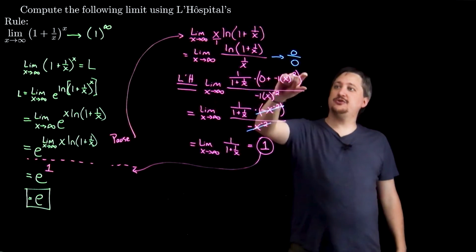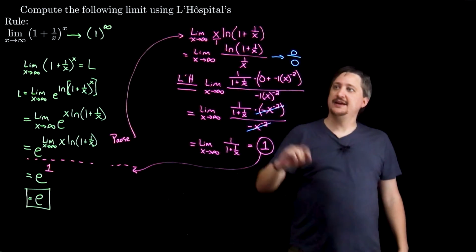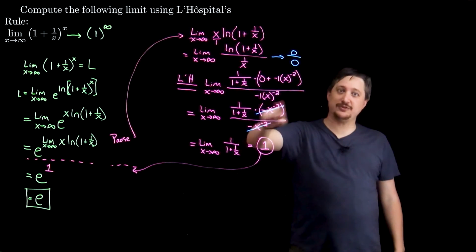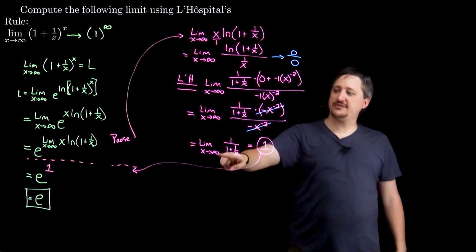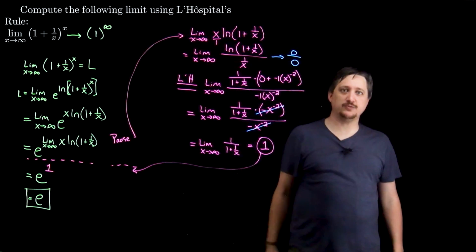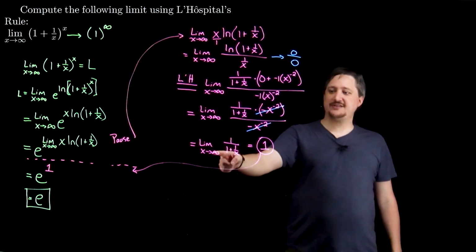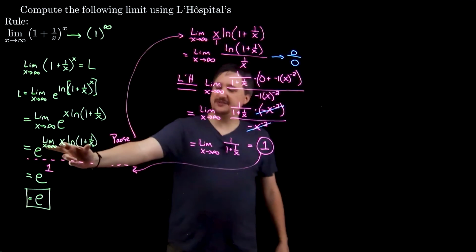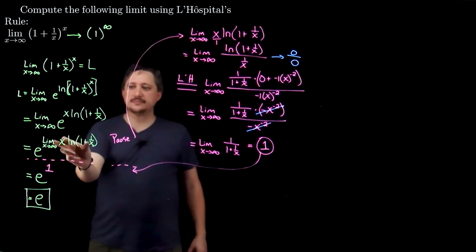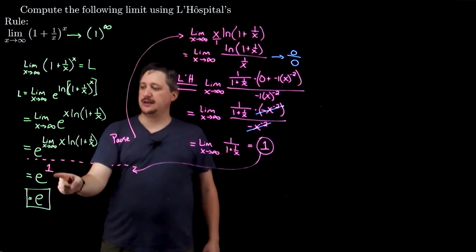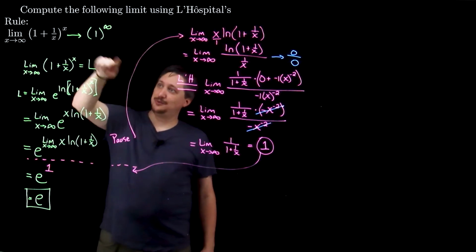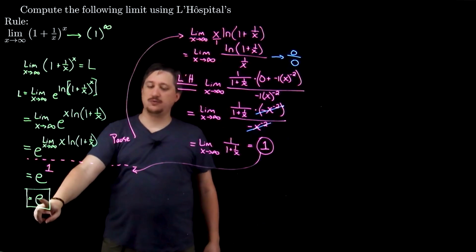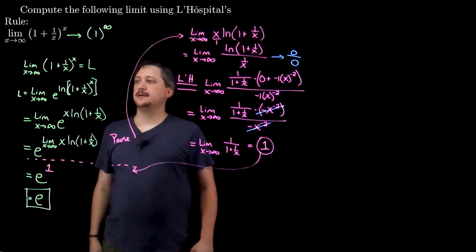So I did that, took the derivative of the top and the bottom separately, and it turns out that the chain rule canceled the bottom nicely, and I ended up with just this 1 over 1 plus 1 over x, which as x gets infinitely large, gives me 1. I took that and replaced my limit, so I replaced all of this with 1, so it's the answer. This whole limit up here was really just e to the 1 or e.